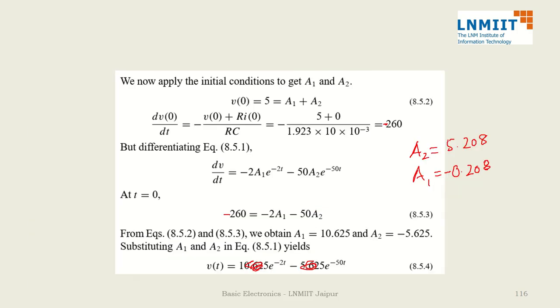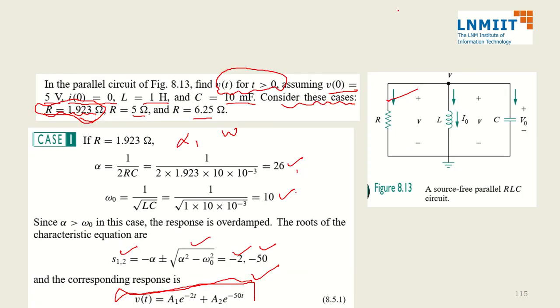I take this and I put t equal to 0. When I put t equal to 0, this is my first equation in A1 and A2. Then I come back and write KCL here: this current, which is V by R, plus this current, which is I, plus this current, which is C dV by dt, is equal to 0.